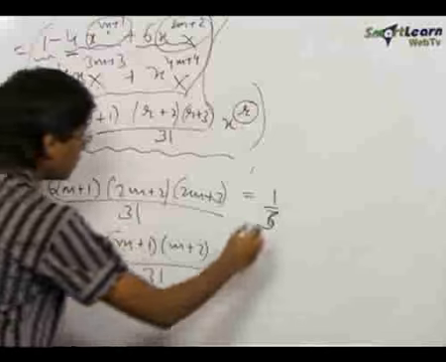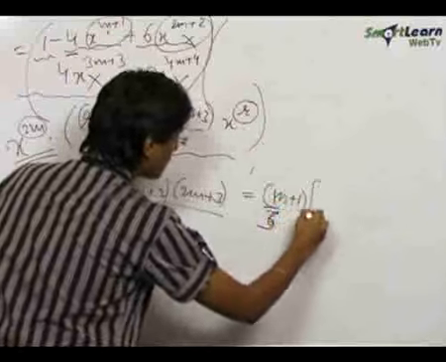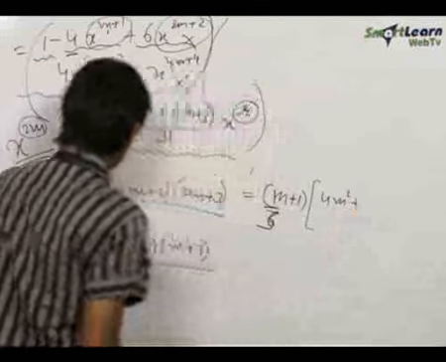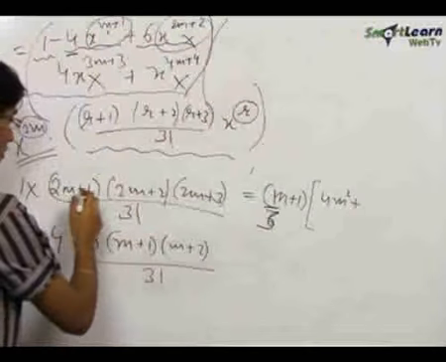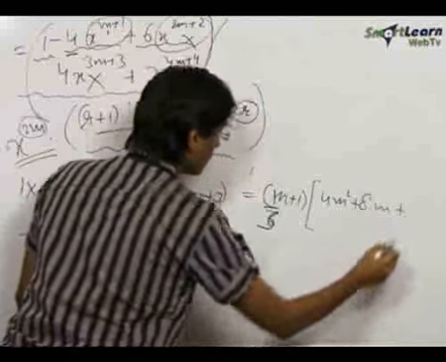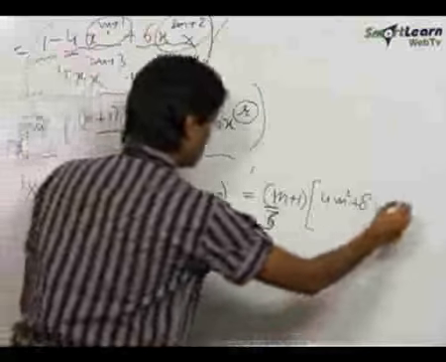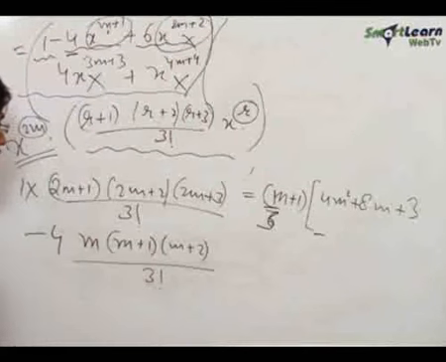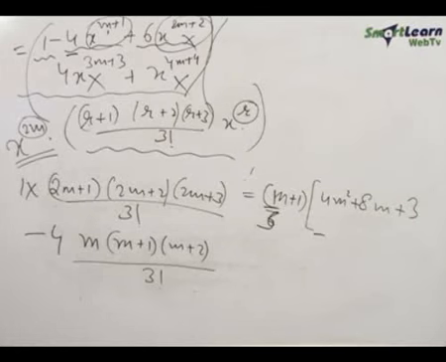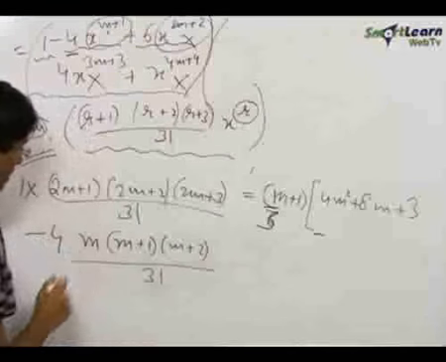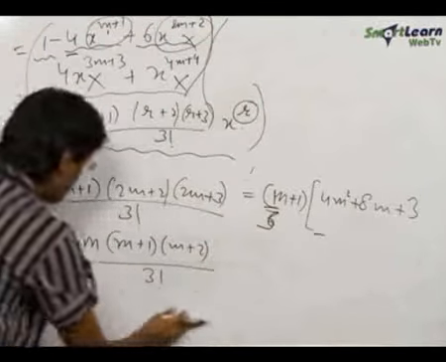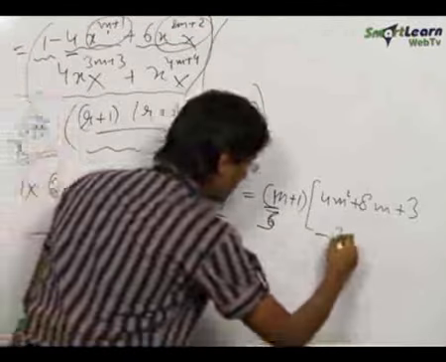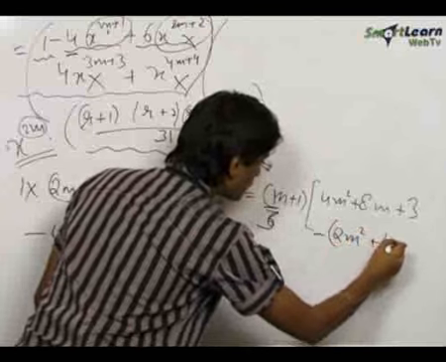Taking m plus 1 common, this becomes m plus 1 upon 3 into 2m plus 1 into 2m plus 3, which is 4m square plus 8m plus 3, minus, since 2 was taken common from both terms, we have 2 left over here, into m plus 2. This is m square plus 2m multiplied by 2, that is 2m square plus 4m.